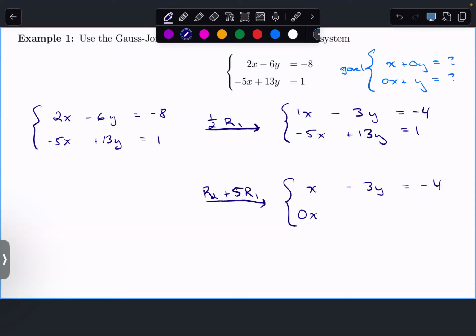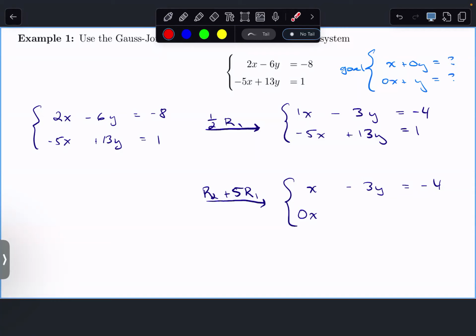Now, less breezy, I guess, is thinking about 13 plus 5 times -3. 13 plus 5 times -3. I have to cheat.